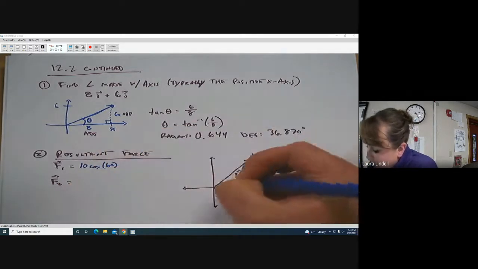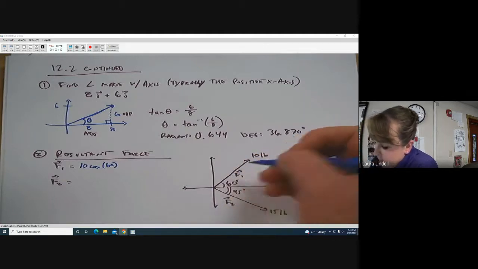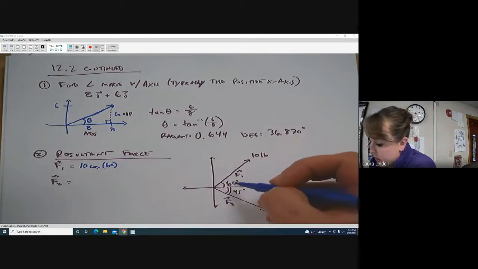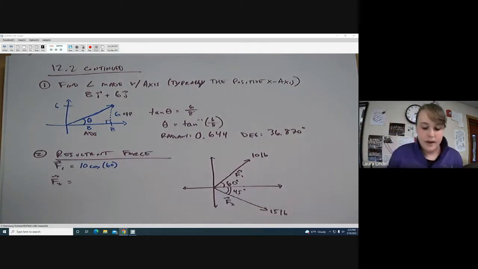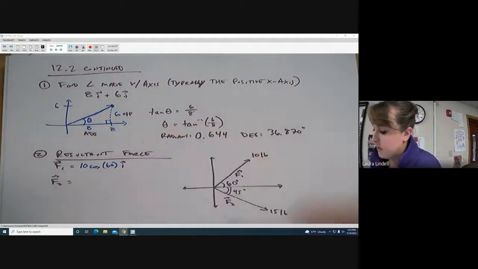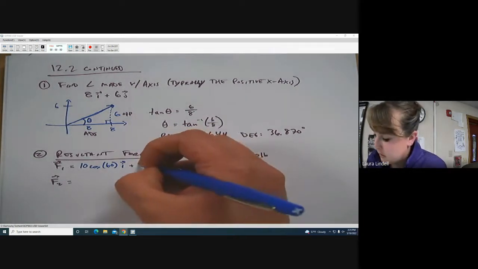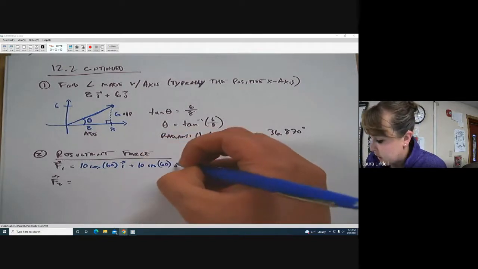This 10-pound force represents this vector length here, and if I go 10 cosine 60, we get this horizontal component, because cosine goes with x, sine goes with y. And then likewise, the vertical component is going to be 10 sine 60 j.